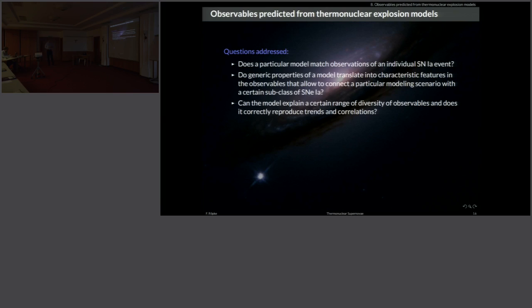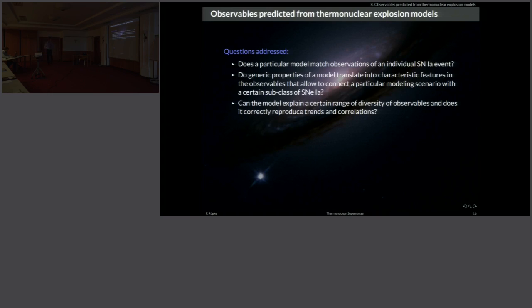This would then allow us to connect a particular modeling scenario with a certain observation, if it exists, with a certain subclass. You could say, well, in a certain model we have a certain hydrodynamic effect. We'll see that, for instance, the mixing in turbulent deflagration is such an effect that directly translates to a specific form of a spectrum, and then you could say, well, this actually explains the spectra of a particular subclass of supernovae.